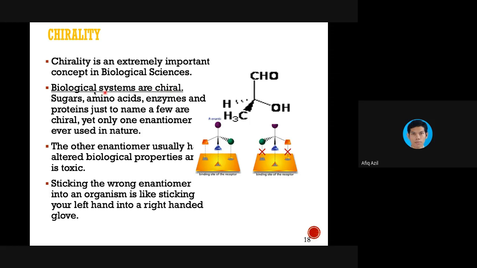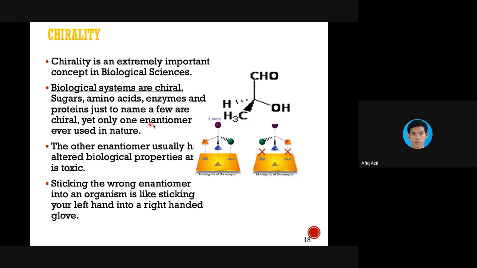Biological systems are all chiral. That means they will accept only one type between the stereoisomers. For example, sugars, amino acids, enzymes, and proteins are chiral. Yet only one enantiomer will ever be used.